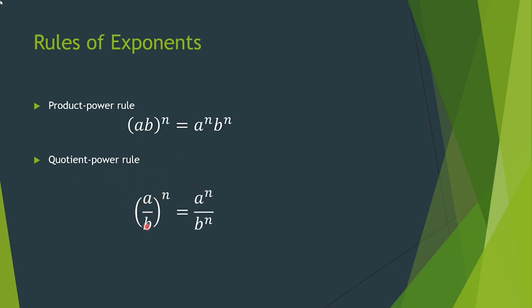If you have a over b raised to the n, you would raise each one of those, so that would be a raised to the n and b raised to the n. So let's bring all of these rules together, using the product power rule as well.